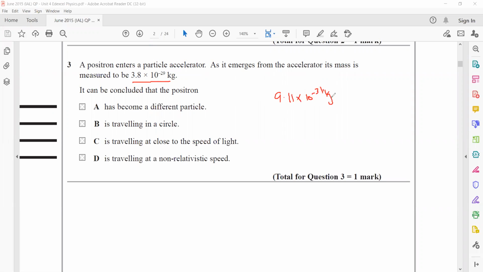That is the rest mass. But this value shows it is moving close to the speed of light. Relativistic effect is there. So that's why C is the right answer, that it is traveling close to the speed of light. That's why the mass appeared to increase.